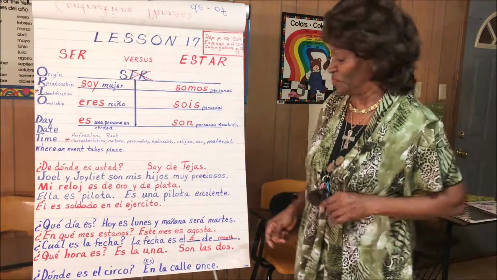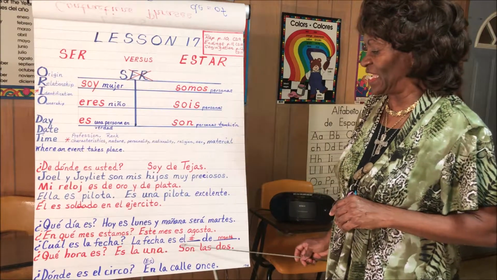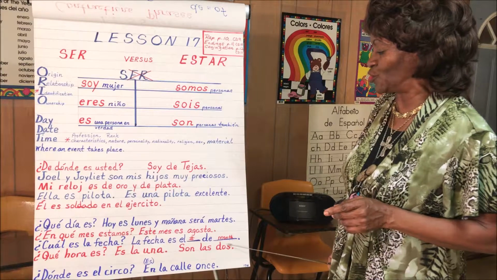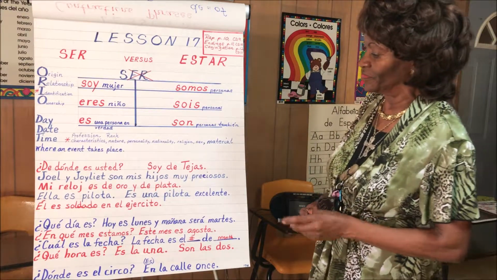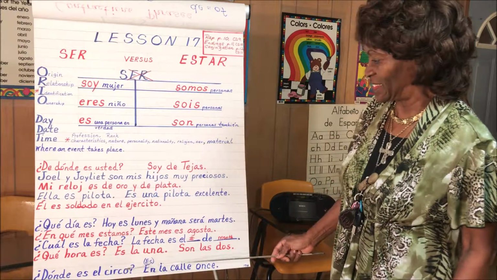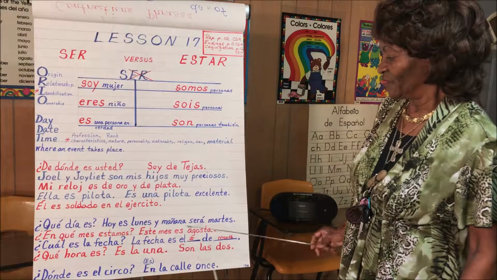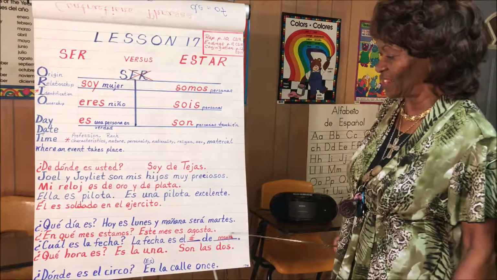So this is a review. Okay. So we have la fecha es el 2 de agosto. The date is the 2nd of August. All righty, now what do we have here? ¿Qué hora es? Es la una, son las 2.